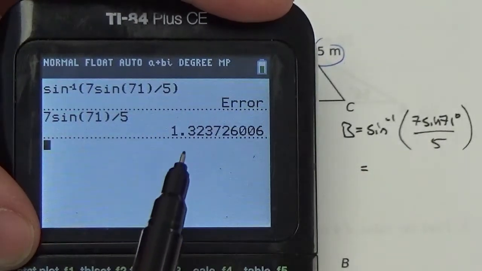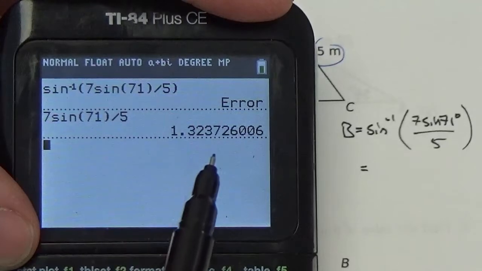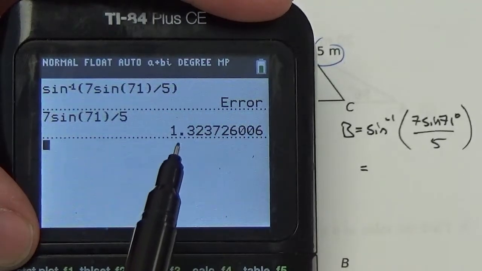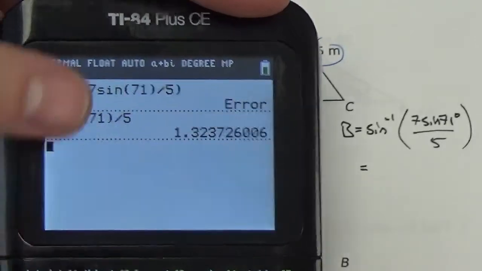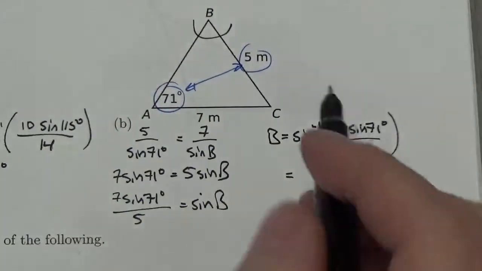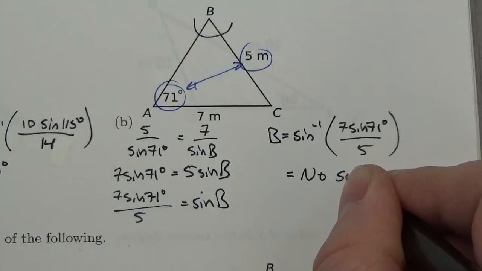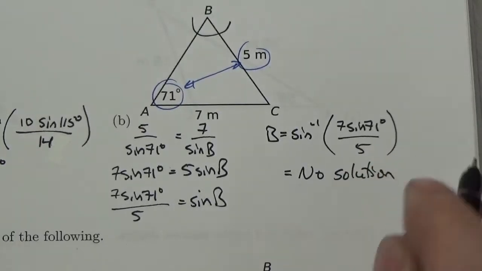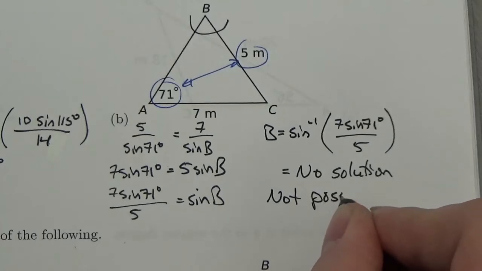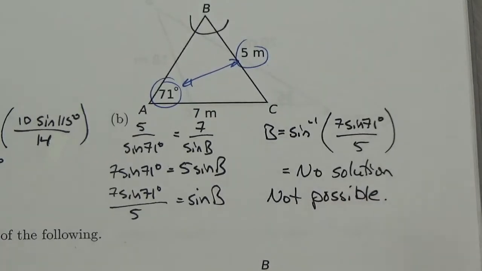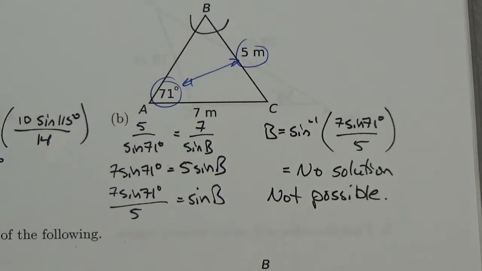So right here, when I tried to take the inverse sine of this, I was doing it with a number that was larger than 1. That doesn't work. And so there's no solution here, basically because this particular scenario is not possible. Anyway, that's an interesting thing. I wanted you to be able to see that.